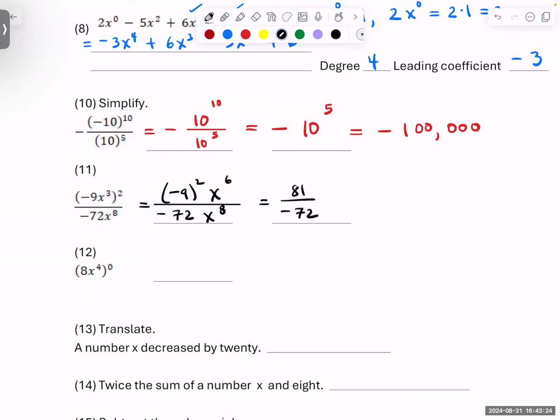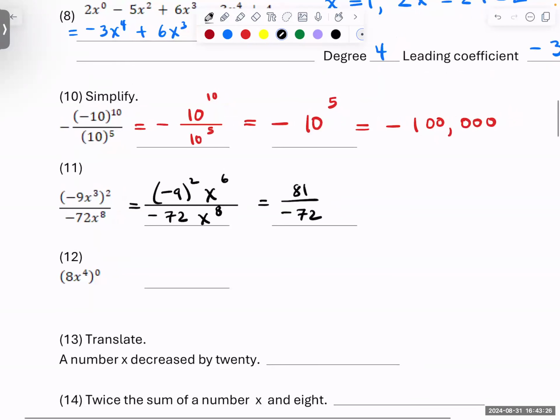And we can either subtract the exponents on x or divide and cancel 6 factors of x. That would leave 2 x's multiplied in the denominator, or x squared. If we divide by 9, we get 9 divided by negative 8, x squared.